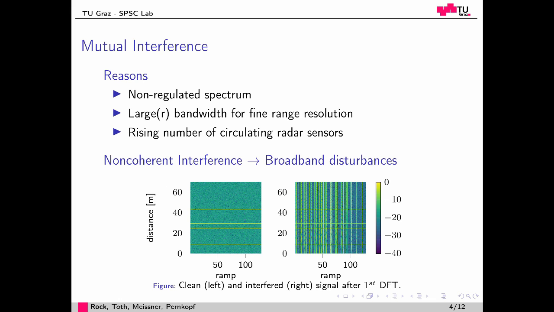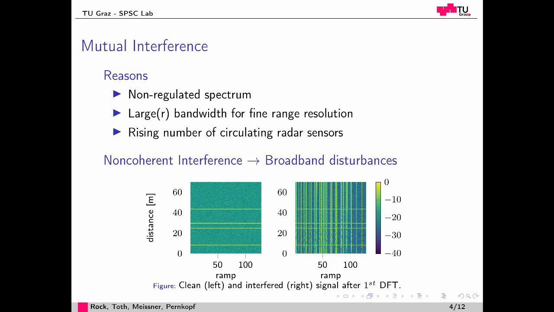After the first DFT, we can see on the left side on the clean data the 4 lines that correspond to the distances of the 4 objects in the scenario. On the right side, we have several interfered ramps, which we can see in yellow.